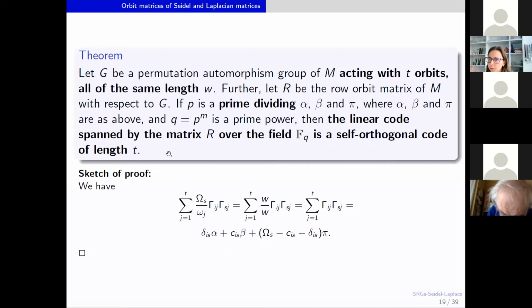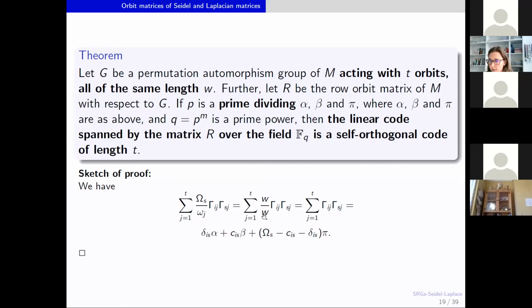Excellent. So if you have conditions arising just from the parameters of a strongly regular graph, you can construct self-orthogonal codes. The sketch of the proof: this theorem and the whole method lie on the fact that we know what this expression looks like.